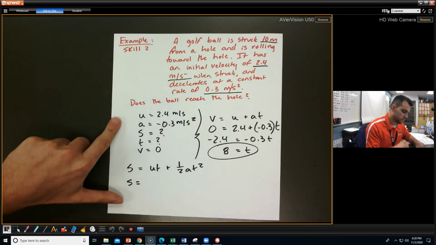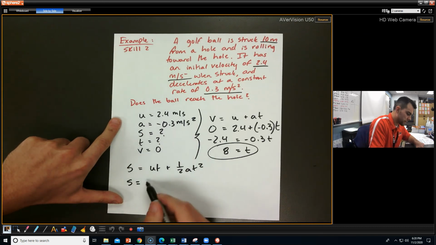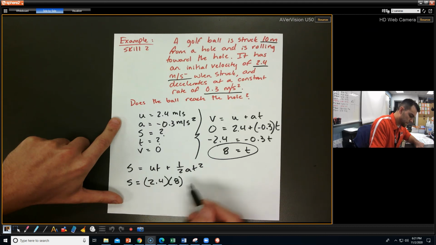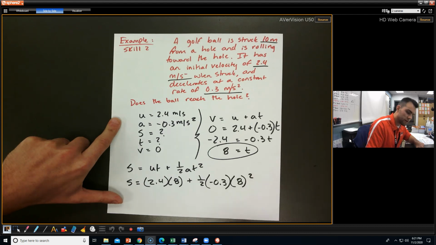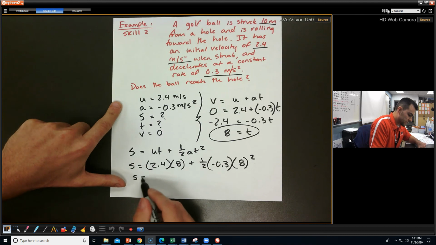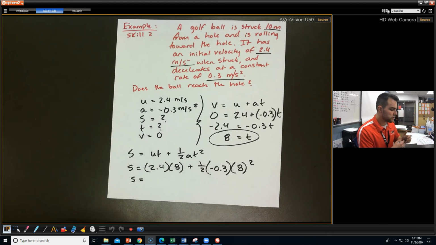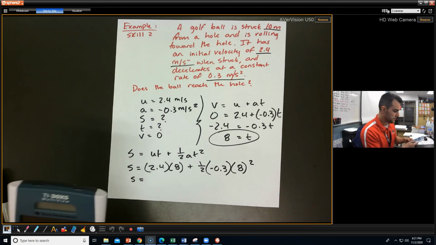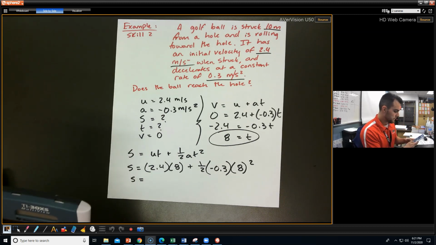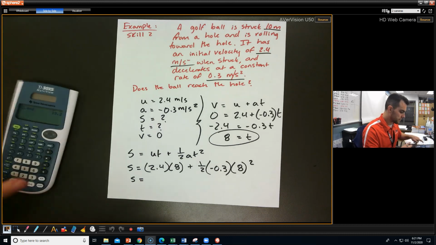All right, so s equals, let's plug in some stuff. We've got 2.4, and now we know t is 8, plus 1/2 times negative 0.3 for a, and then we have 8 squared right here. Let's clean that up a bit. We're going to have to do some calculations, right? So 2.4 times 8 gives us 19.2.